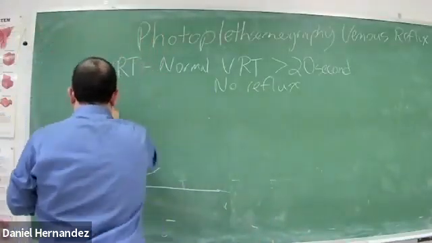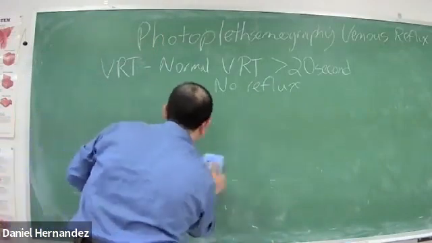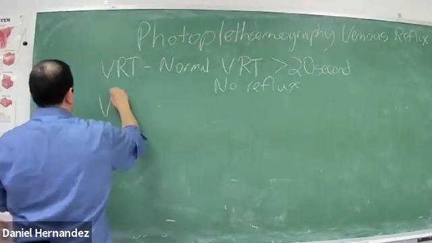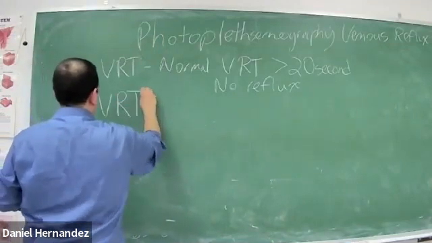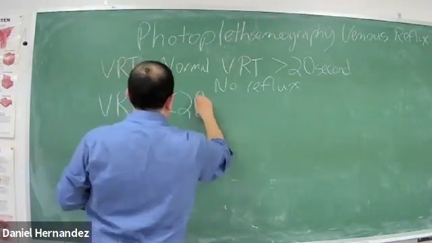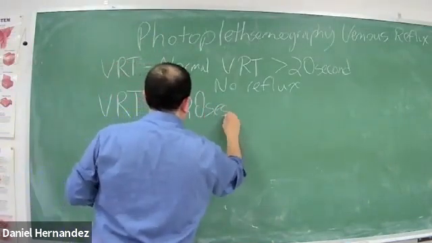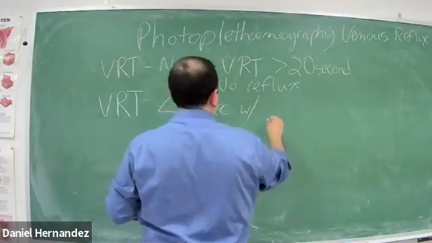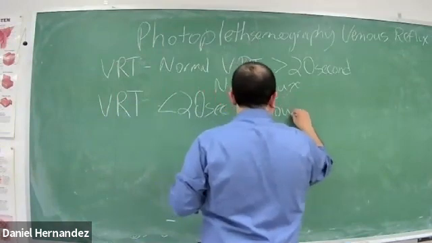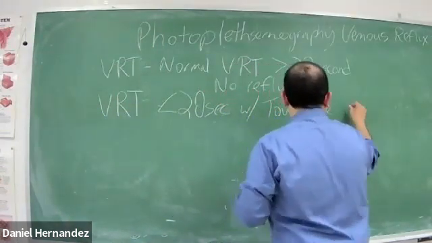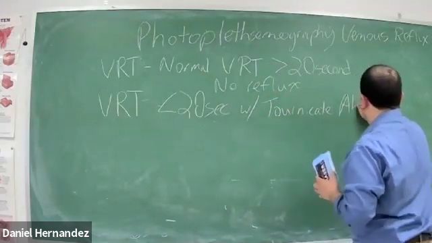So VRT less than 20 seconds, with tourniquet above knee.